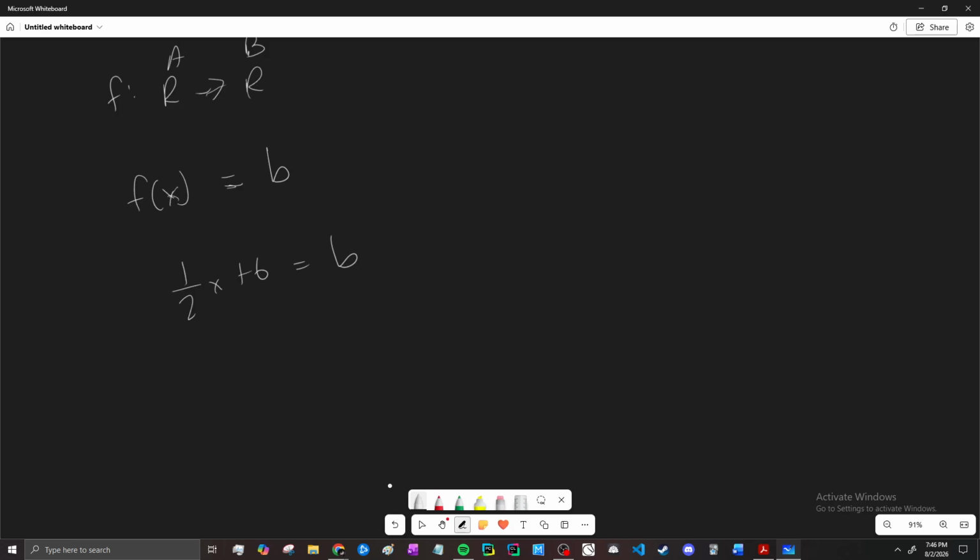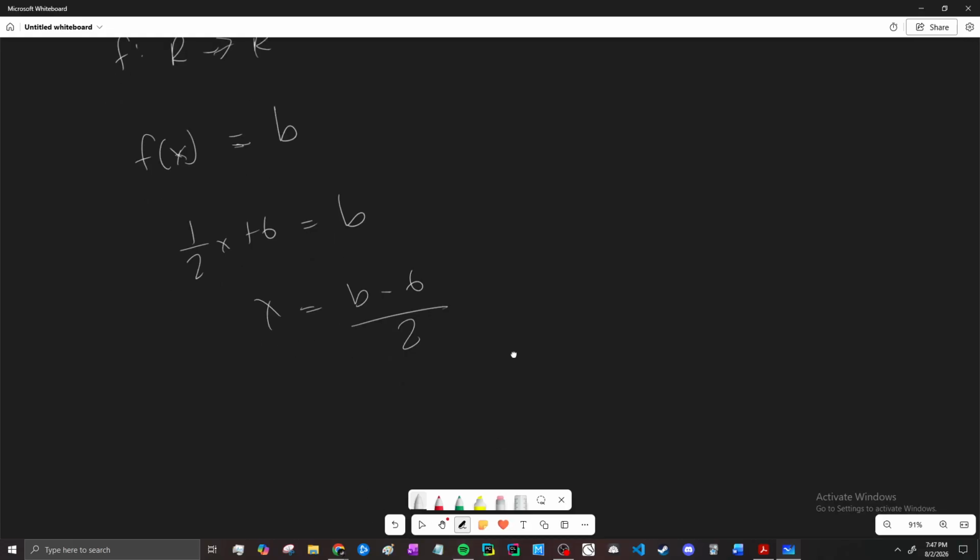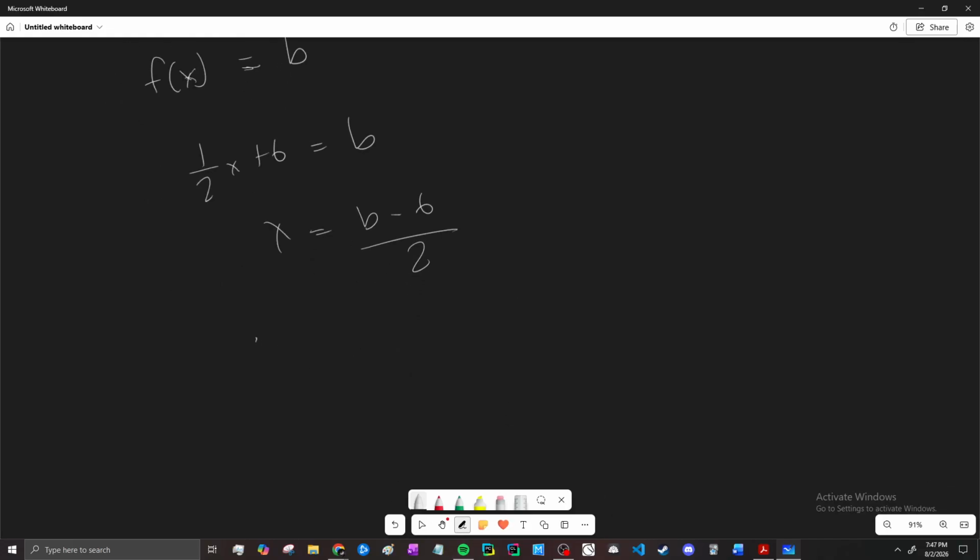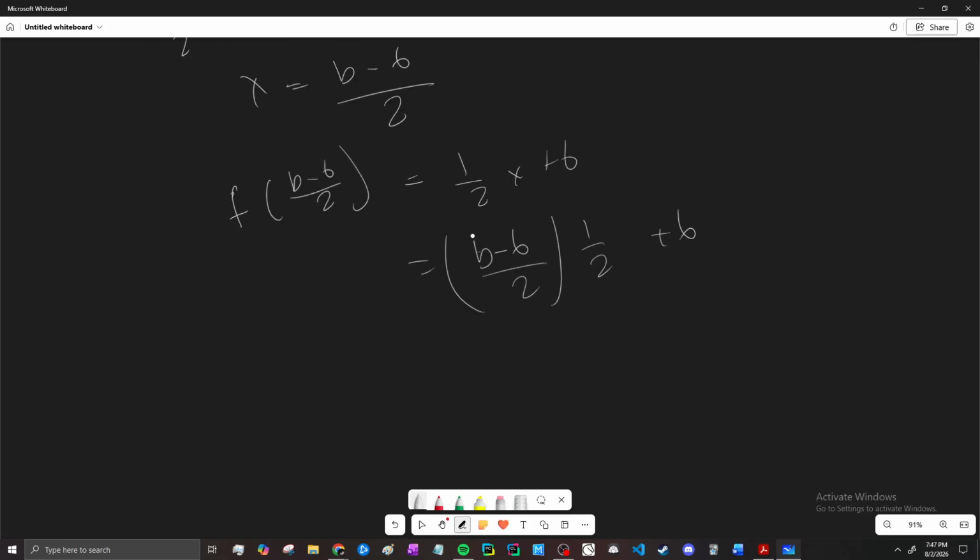Now solving for x is simply (b minus 6) over 2, and that equals x, right? Now this should be equal to b.